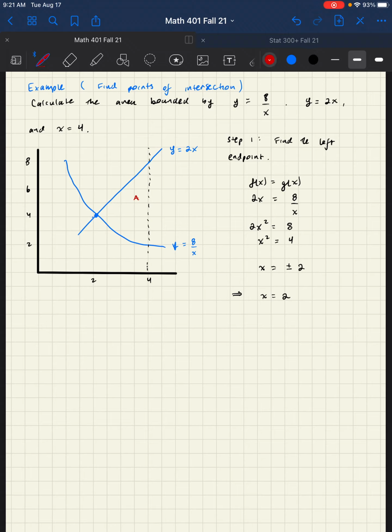Okay. So for the area, we're going to set up here the infinitesimally thin slice, roughly. The height of that slice is 2x minus 8 over x. The width is dx. Let me write that in.